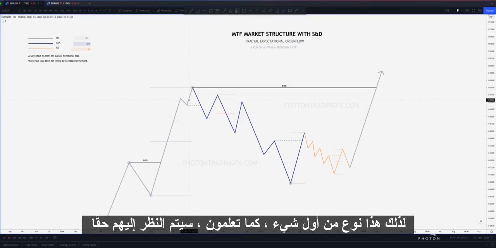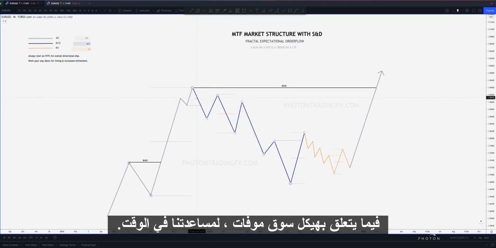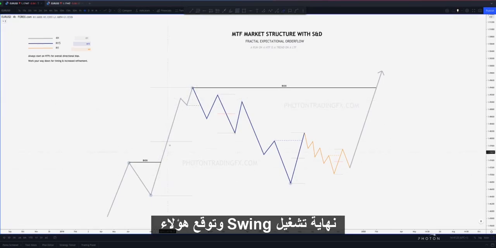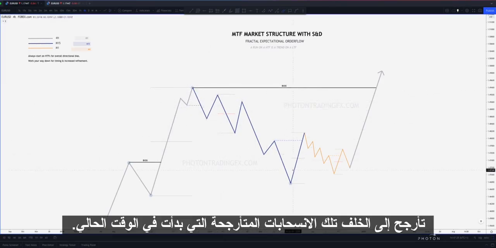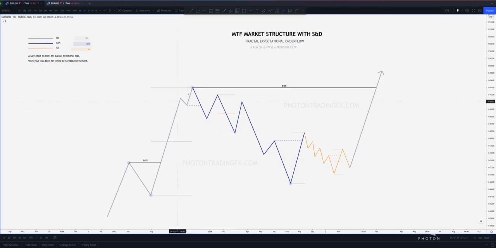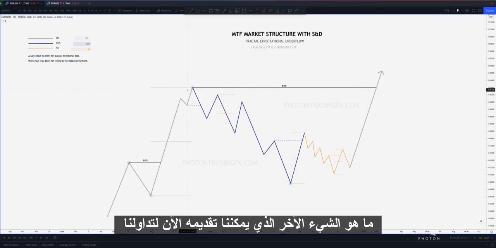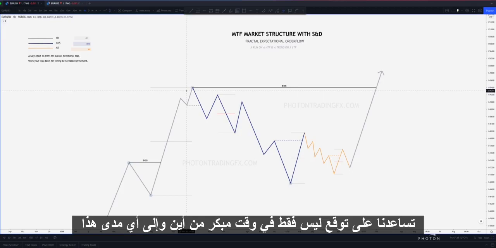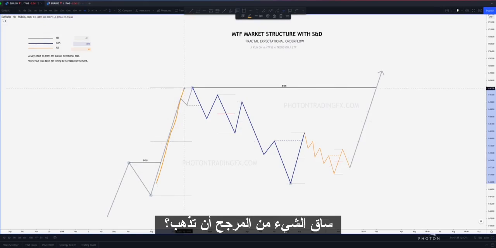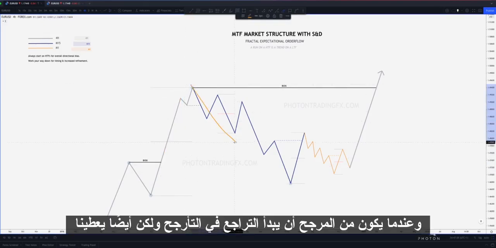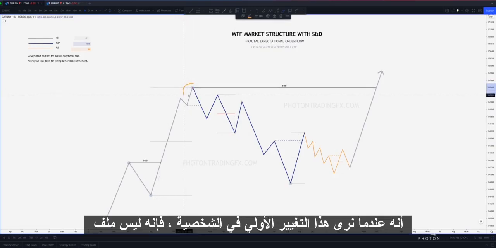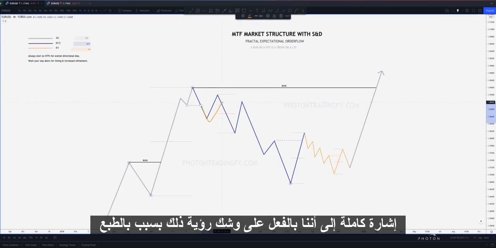So that's the first thing that we've really looked at in terms of market structure to help us time the end of swing runs and anticipate those swing pullbacks kicking in. Now, what is the other thing that we can introduce to our trading to help us anticipate ahead of time how far this swing leg is likely to go and when the swing pullback is likely to kick in, but also give us a lot more confidence that when we do see that initial change of character, it isn't a full signal, that we are actually about to see that?